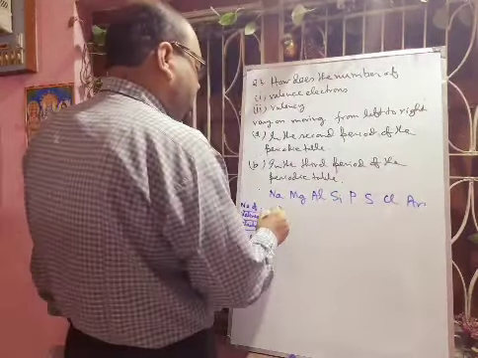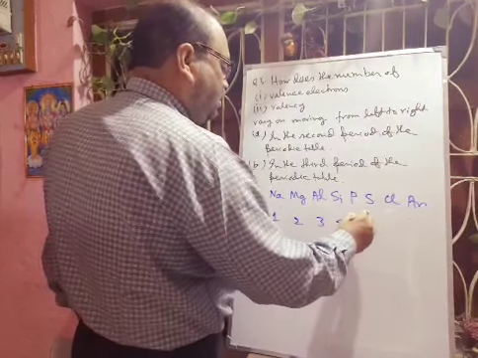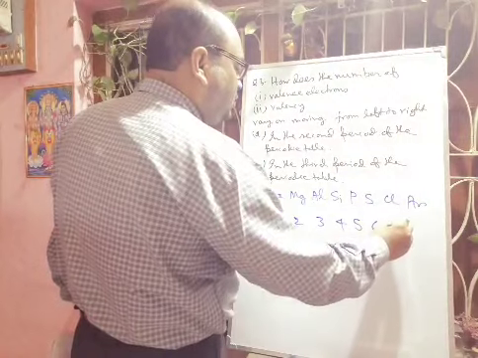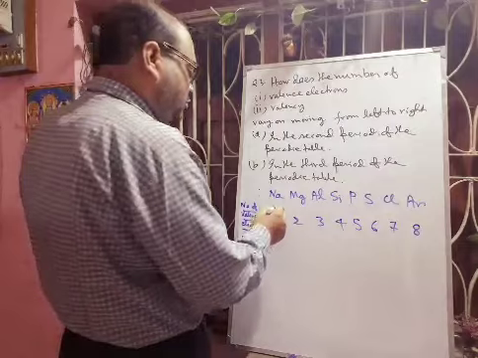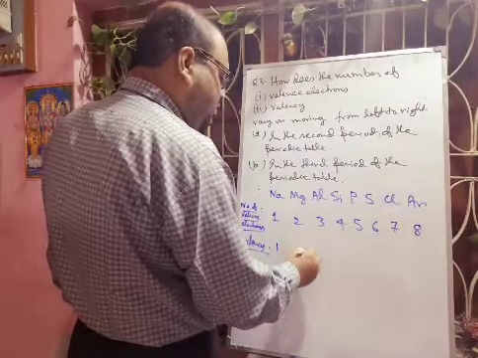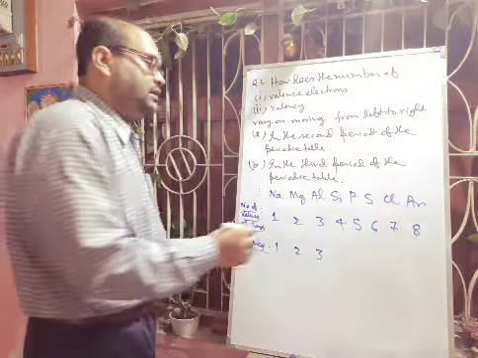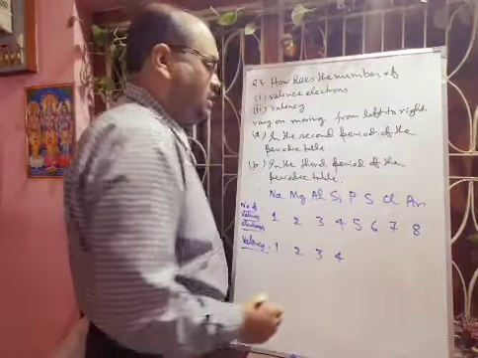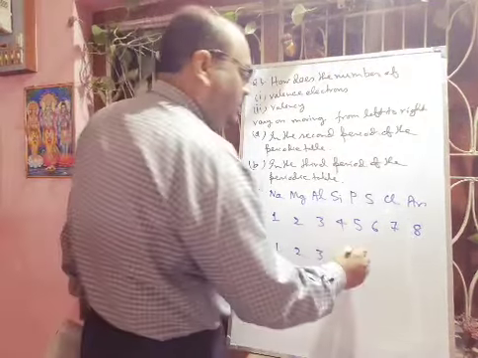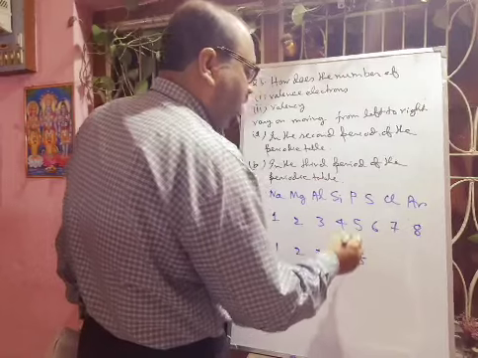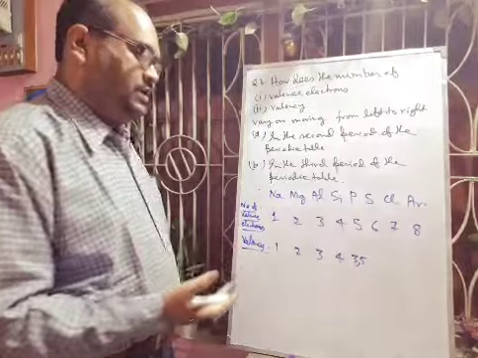So sodium number of valence electron 1, magnesium will be 2, aluminium will be 3, silicon will be 4, phosphorus 5, sulfur 6, chlorine 7, argon is 8.